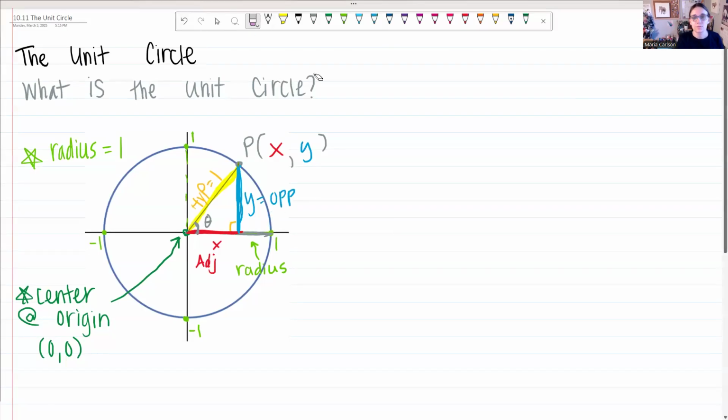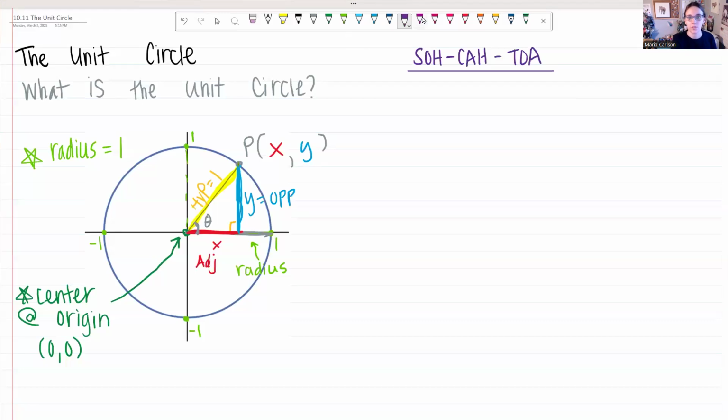Now, I reference all of this because in right triangles, we have these trigonometric ratios, and we use the acronym SOHCAHTOA to help us remember. So let's talk about the sine, cosine, and tangent of this angle theta that I've defined. Let's start with cosine.